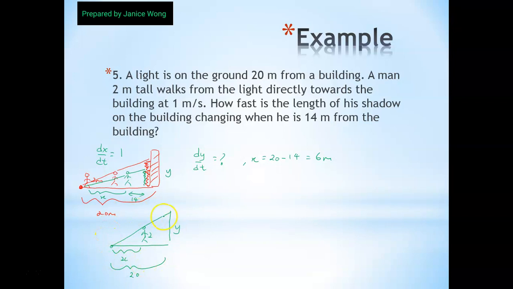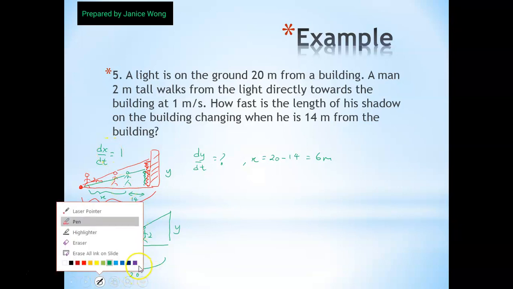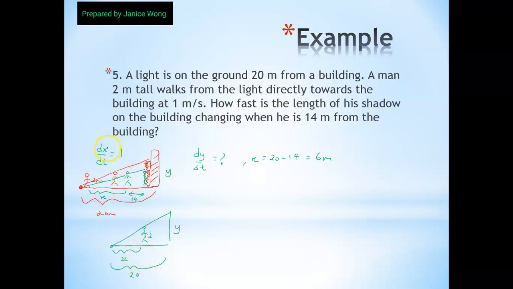Looking at this diagram and check with the information given by the question, we know that we need to form a formula in both x as well as y. From the diagram, we have two similar shapes, smaller triangle here and the bigger triangle.